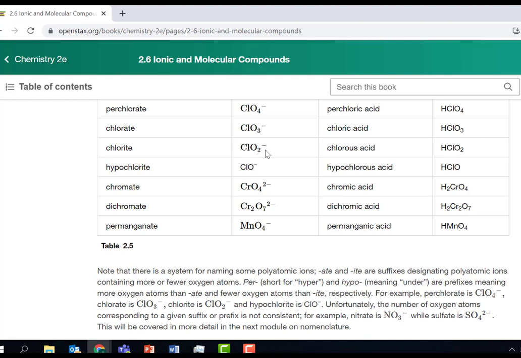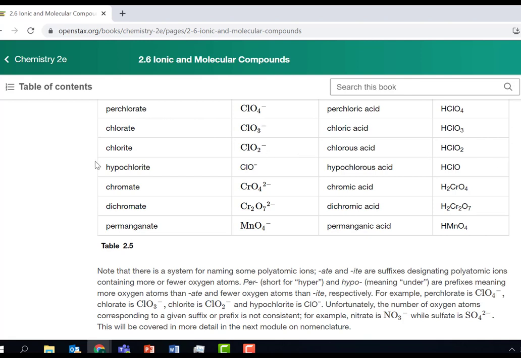Not everything will have this, so there's not, for example, a hyponitrite. But if you have even 1 fewer oxygen, then you have the hypo prefix. So hypochlorite has only 1 oxygen instead of 2. And if you have even 1 more than the ATE ending, then we have a prefix of per. So perchlorate has 4 oxygens, where chlorate had 3 oxygens.